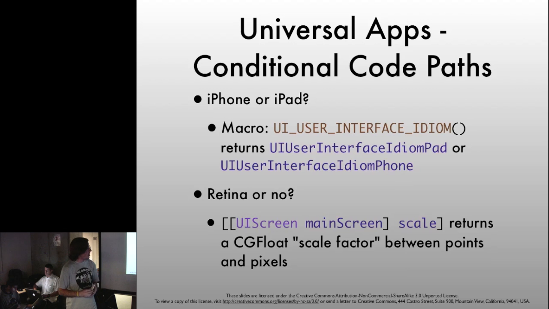And then you can also ask the UIScreen class for its scale value, and that will tell you the scale factor between pixels and points. And right now it's either 1 if it's on a 3G or 3GS, or 2 if it's on a 4 or 4S.